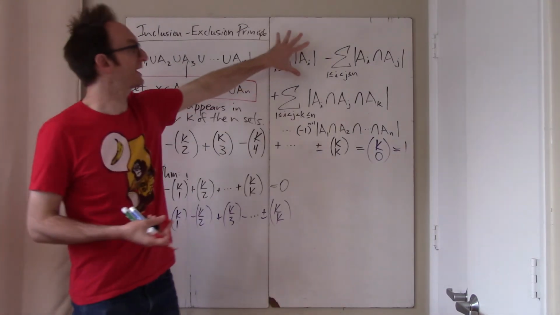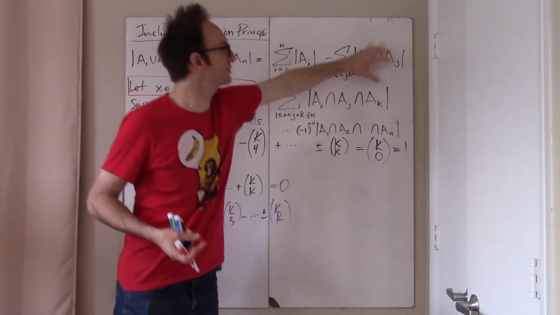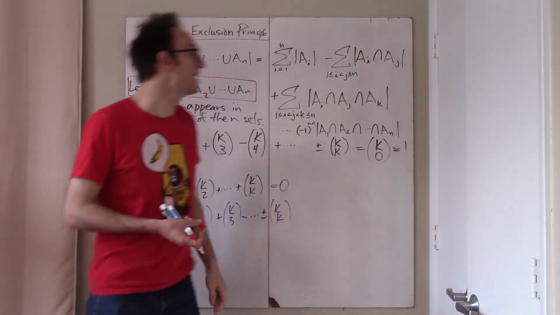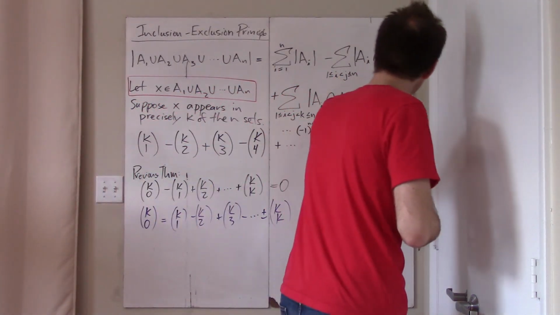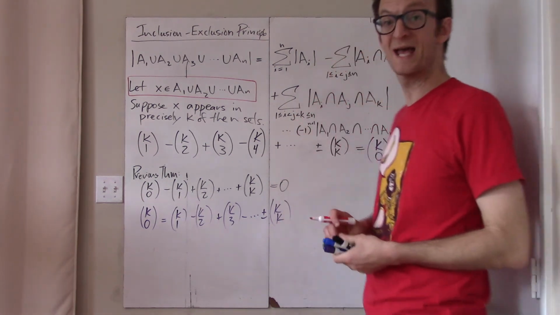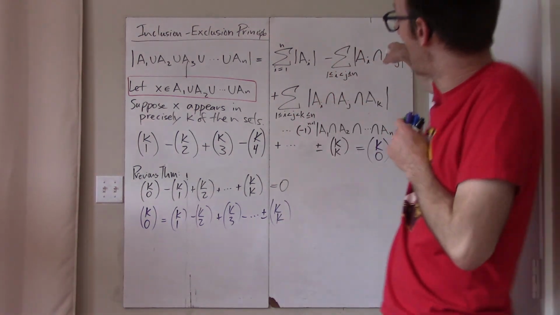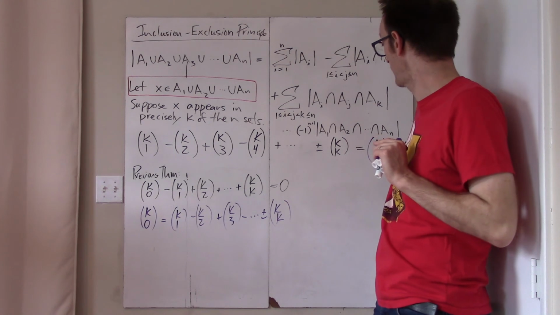That there's some sort of overcounting, undercounting, correction. But based on our analysis, for any particular object, the right-hand side does in fact count it the correct number of times, which is 1 time.